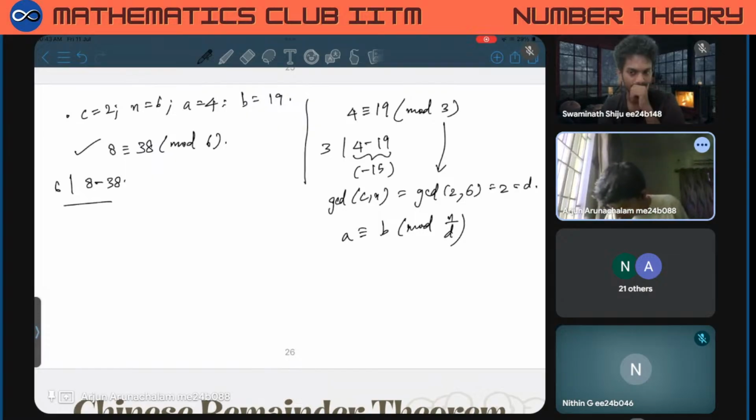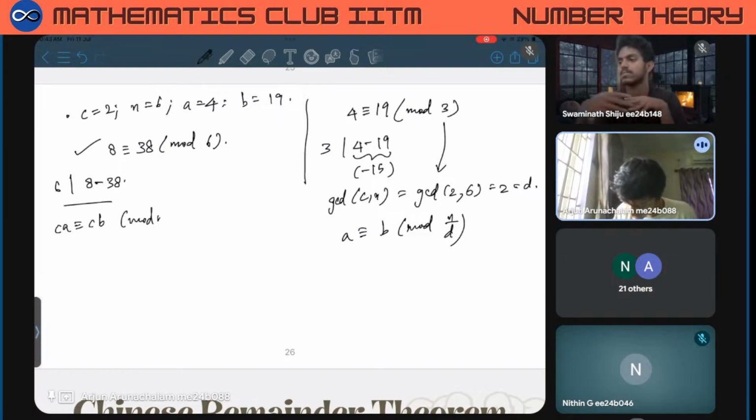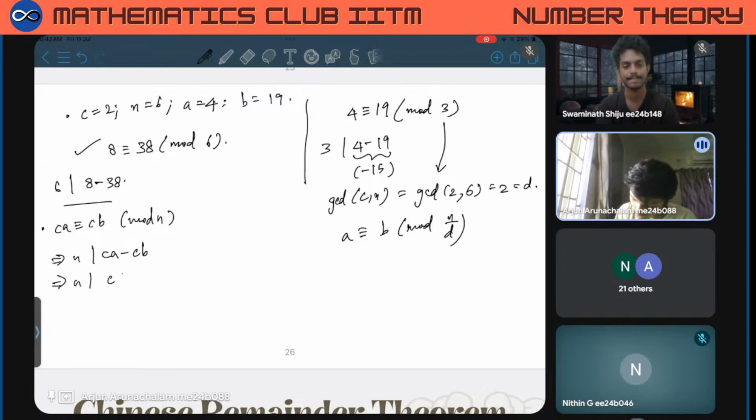So let's say ca is congruent to cb mod n, right? This is the statement. So this implies n divides ca minus cb, which means n divides c into a minus b. So now let's say GCD of n comma c is equal to d.